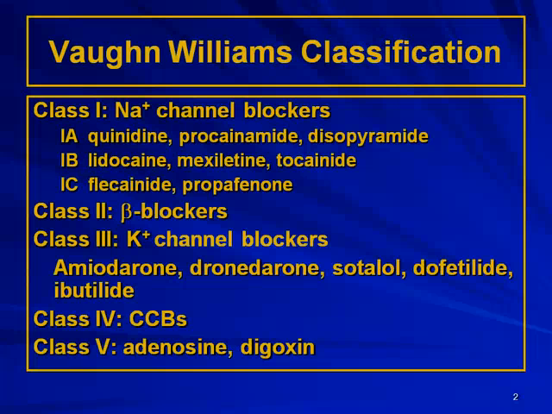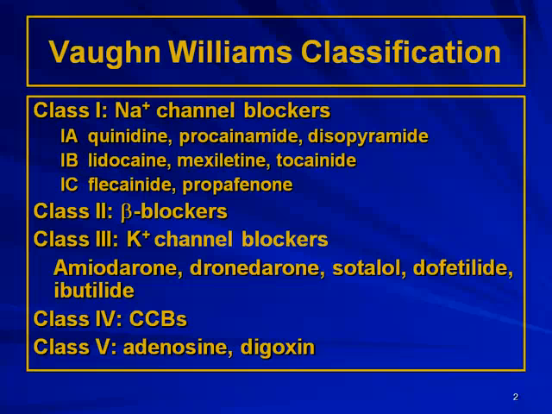Also recognize that most people feel that the class 1 drugs, the sodium channel blockers, and the class 3 antiarrhythmic agents are really the traditional antiarrhythmic drugs, and that beta blockers and calcium antagonists and even adenosine and dig, although they have antiarrhythmic properties, certainly have indications for things other than arrhythmias, I guess with the exception of adenosine.